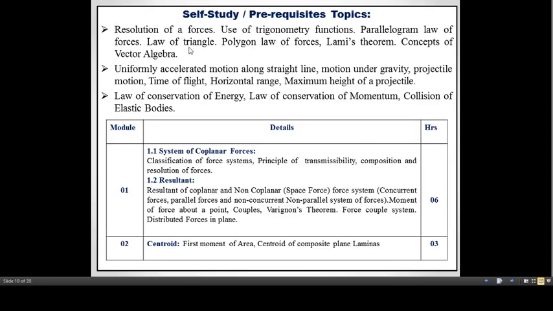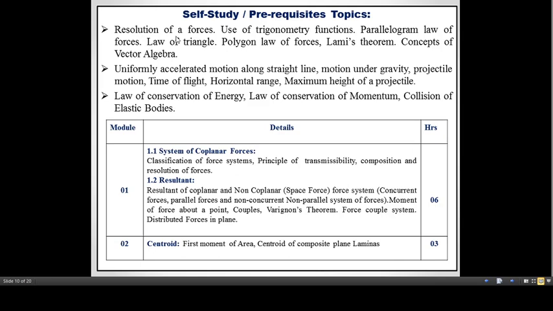Now see, before we start with the actual syllabus, we must know some information related to the subject, that is known as prerequisite topics.